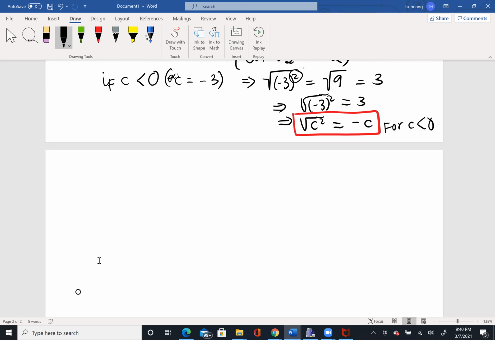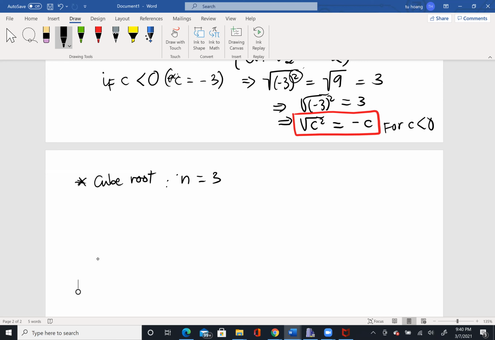So what else do I need to tell you? Let's talk about the cube root. Cube root is when n equals 3, the index n equals 3.